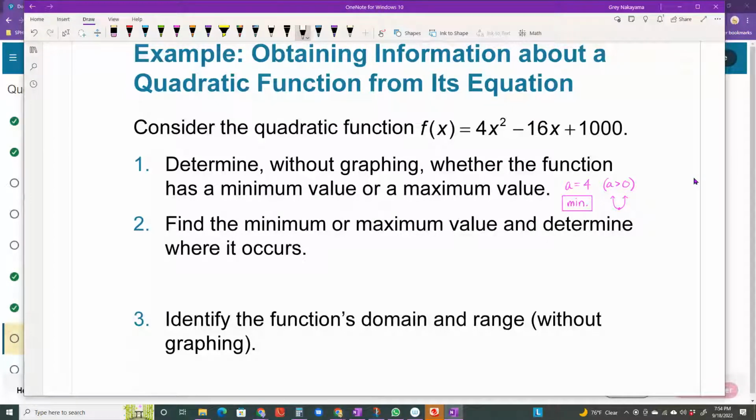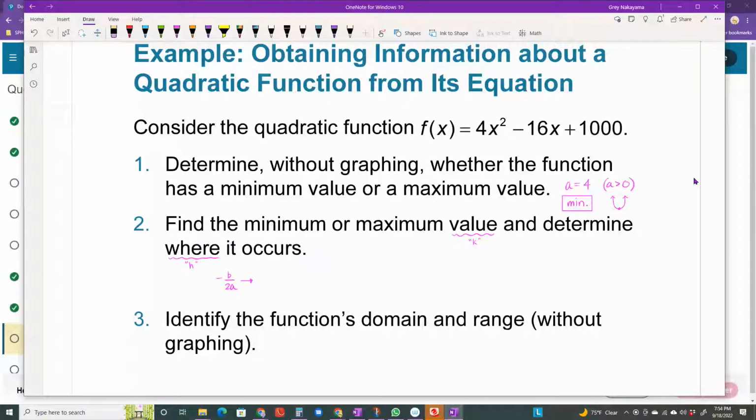Now they want us to find that minimum value and determine where it occurs, okay? Where it occurs is the h value of my vertex, and the value itself is the k value. So the first thing I have to do is go find the h value of my vertex. So what is that?